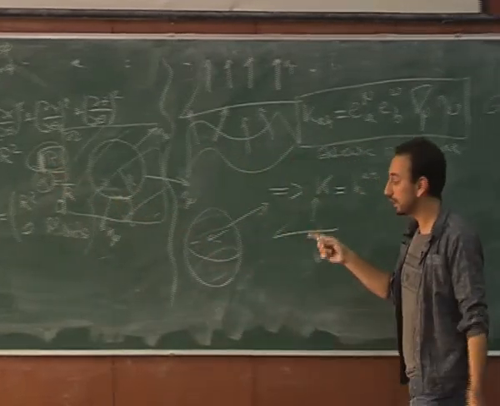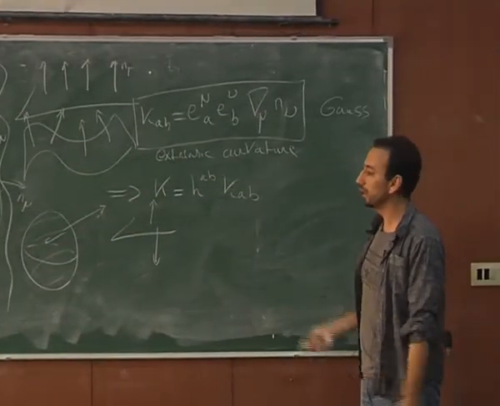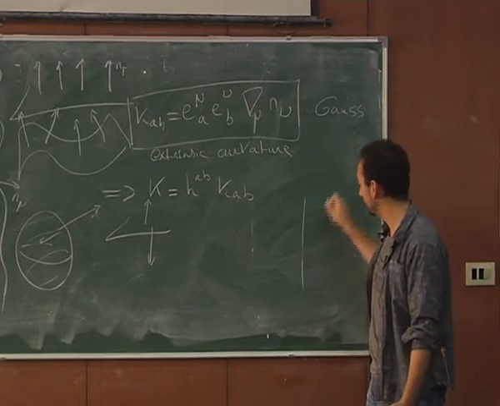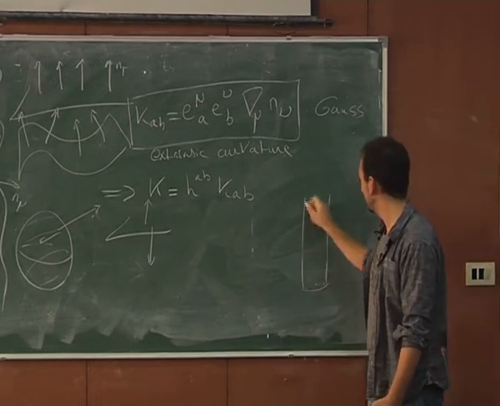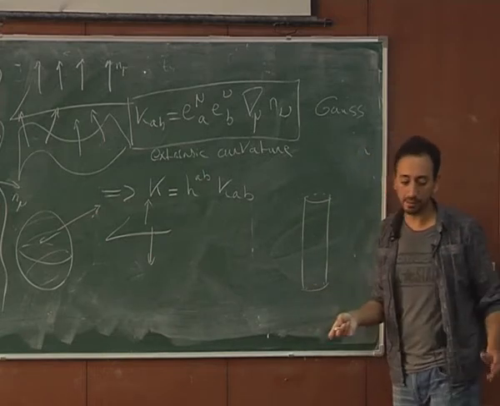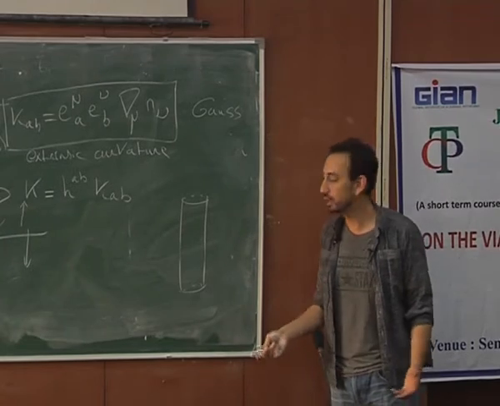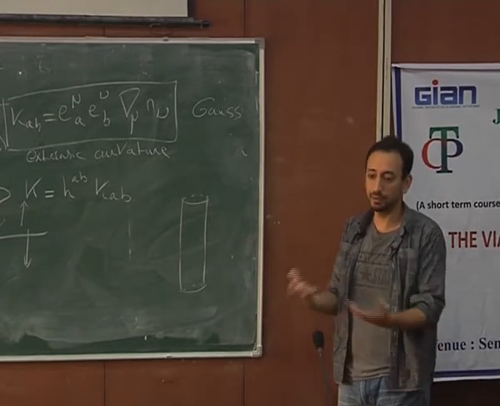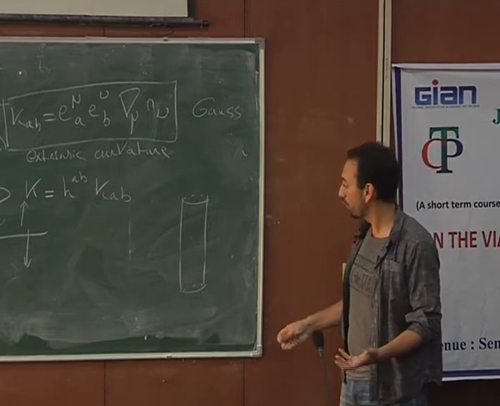But as I was saying, let me take an example. If I take a cylinder and I ask someone who never studied geometry if it has curvature or not, he will say, yes, of course. It is like that. It has curvature. Why?